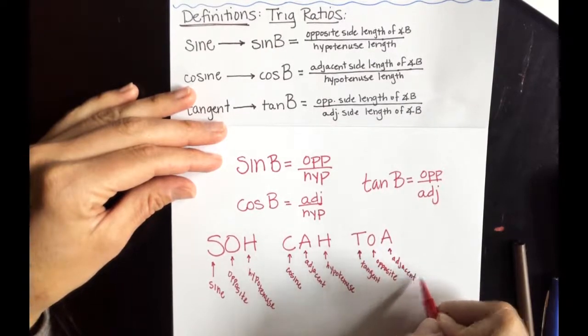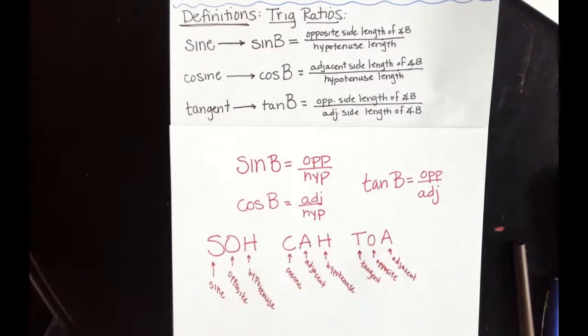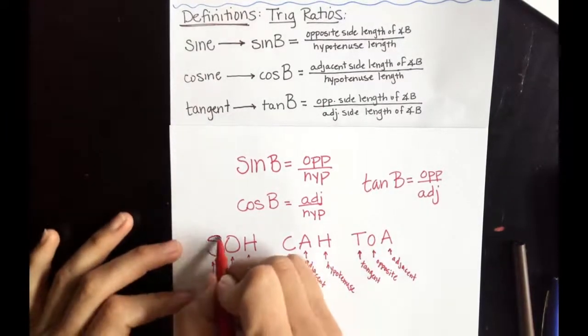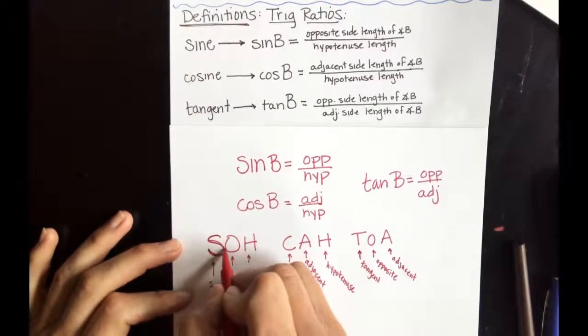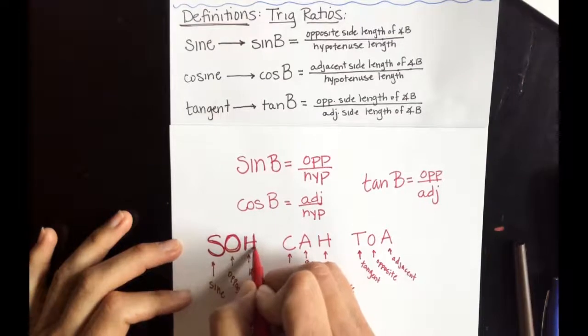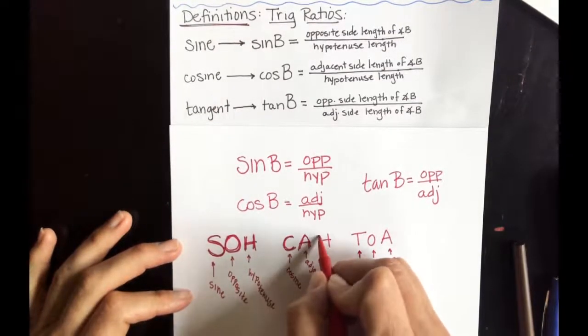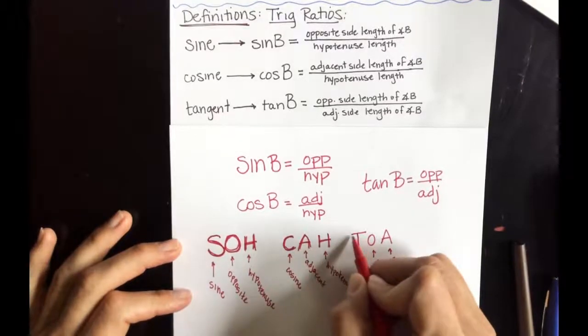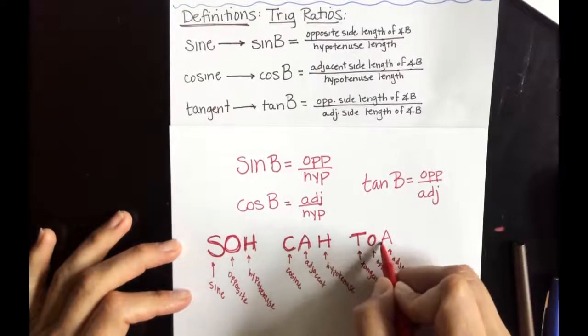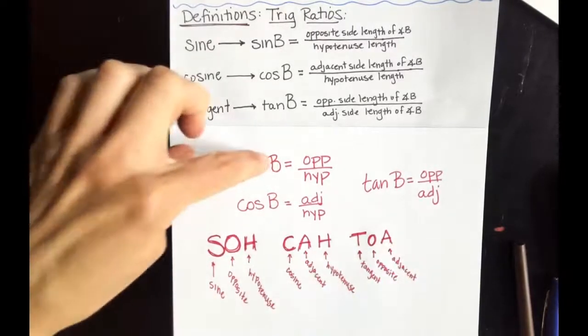But since that day I learned it in the 8th grade, I still say this every time I do every problem. So right now, when I was writing out all the definitions, my brain automatically said SOHCAHTOA so that I didn't make a mistake. And it happens every time, especially with tangents, so I know to put the opposite over the adjacent. This is the easiest way to memorize those three.